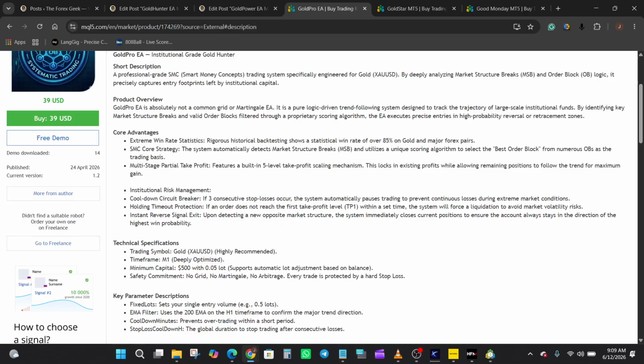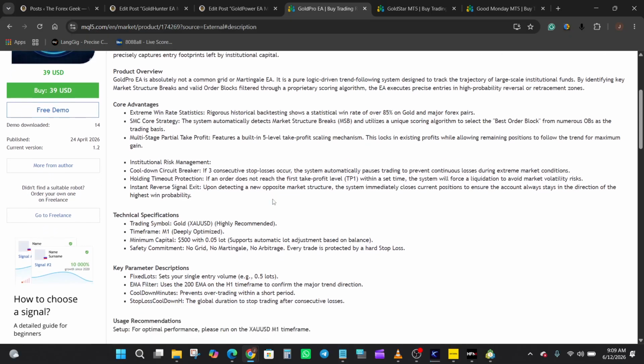The marketplace page also highlights a multi-stage profit management system. Rather than relying on a single take profit target, the EA includes a 5-level partial take profit mechanism designed to lock in portions of profit while allowing remaining positions to continue following the trend. Another area that receives a lot of attention is risk management.